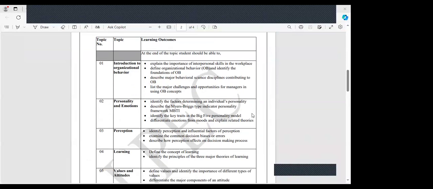Now we have to start the new topic, personality. Okay, then we have to start that personality topic, right? The new topic has some objectives: identify factors that determine an individual's personality, describe the Myers-Briggs Type Indicator personality framework, MBTI, identify the key traits in the Big Five personality model, and define emotion from mood, explain related theories.